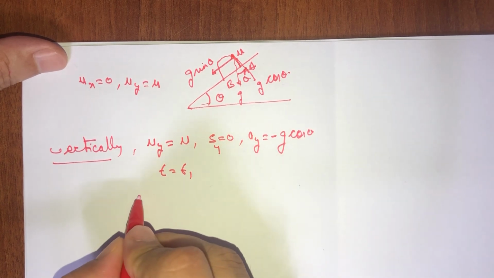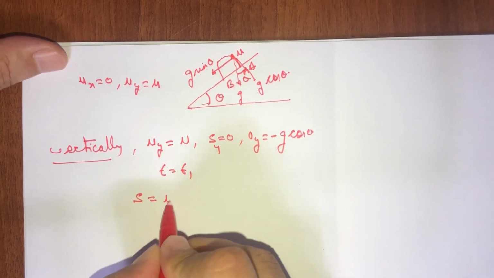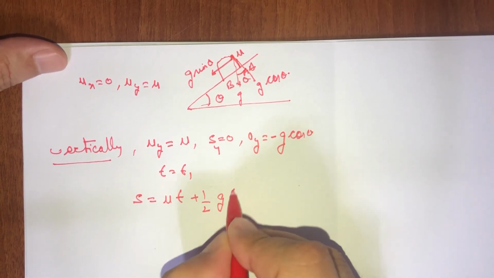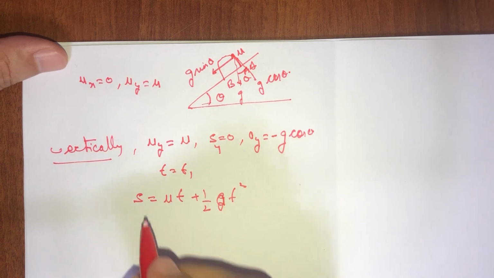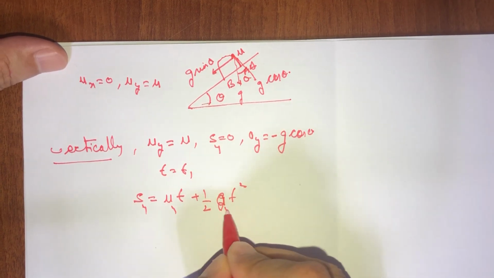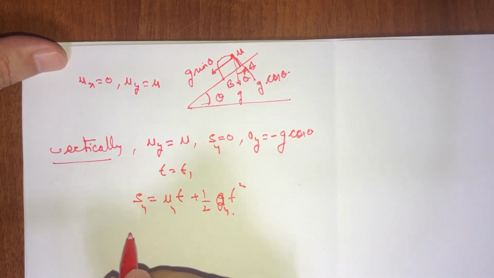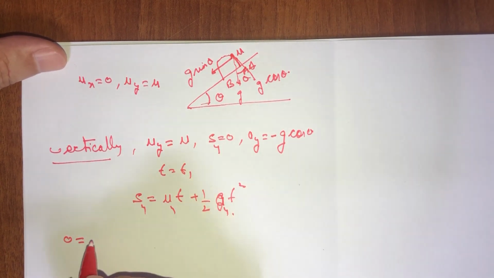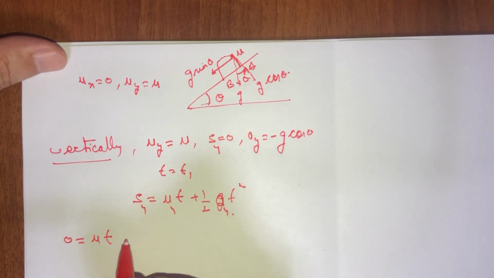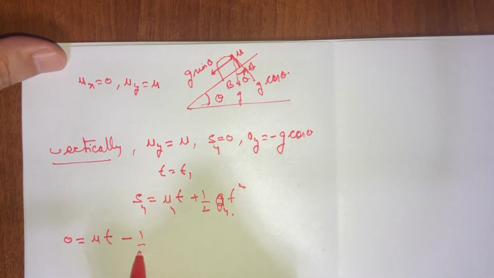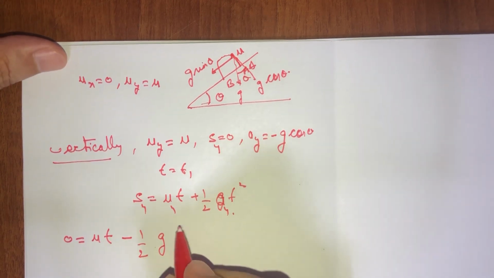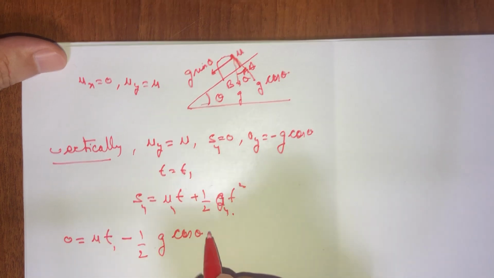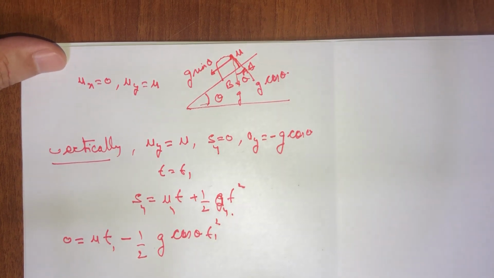So we are going to use the formula s is equal to ut plus half at square. In y direction, s of y is 0, so we can put 0 is equal to u of y, which is u, times t1, minus half g cos theta, time is t1, so t1 square.